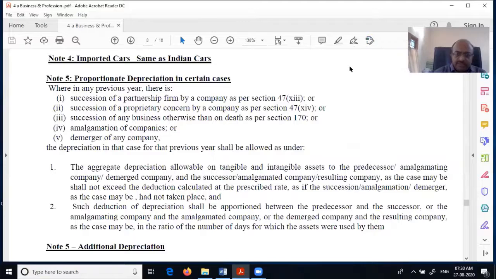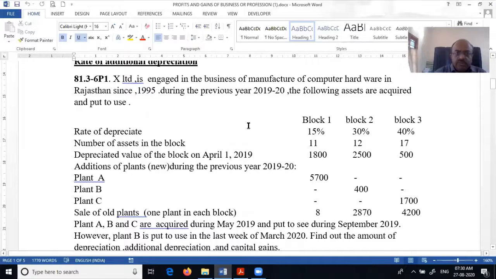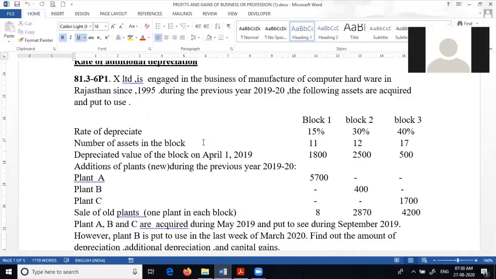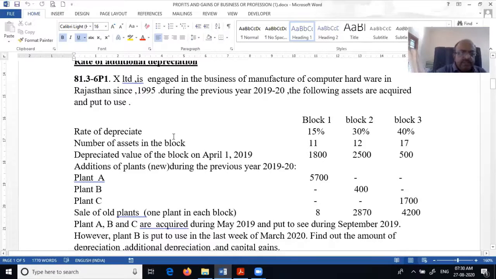Now the last thing, I sent one problem. So let us read the problem first. Are you able to see the problem? Here on my screen, yes, sir. Can you see it? Yes. This is the second problem I think that I sent. I'm not too sure which one.